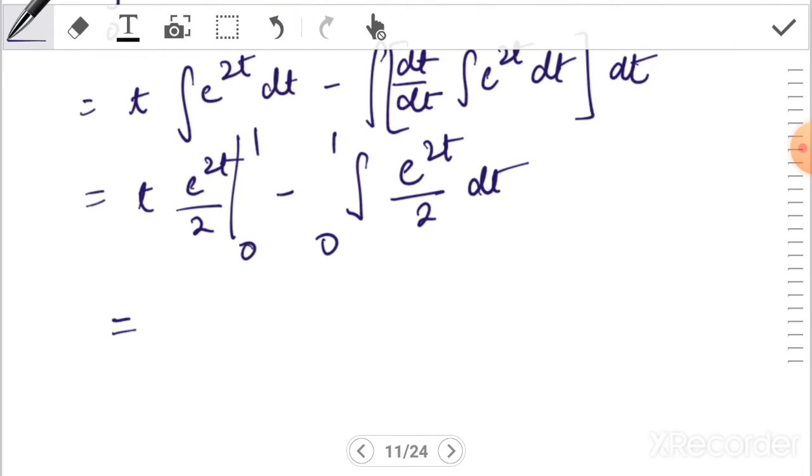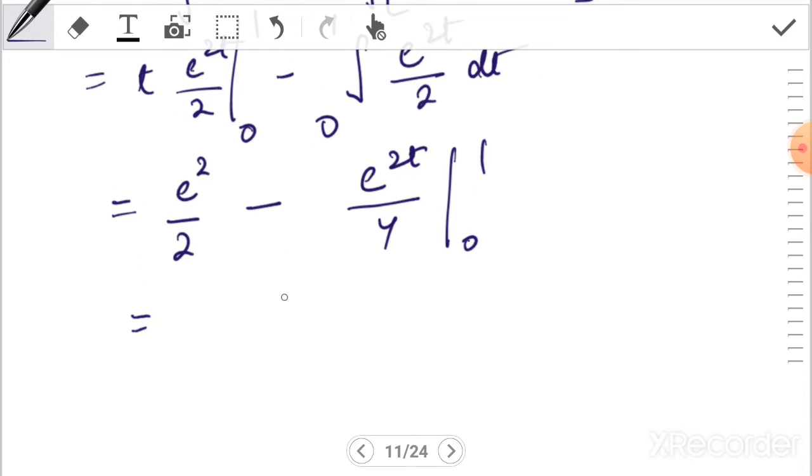So this is e raised to the power 2 by 2 minus 0, and minus for this, let us evaluate this. So this is e raised to the power 2t by 4, 0 to 1.